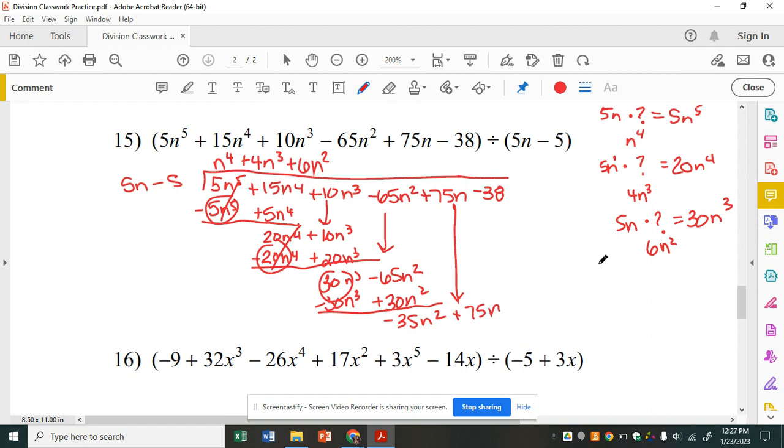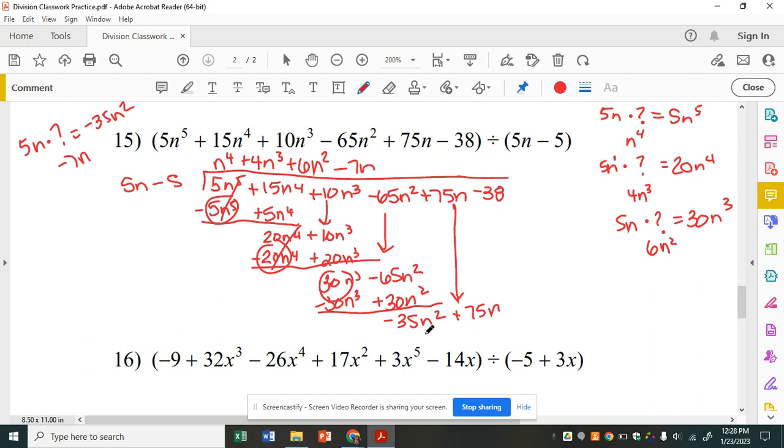Okay, I'm going to start kind of going sideways. But my next question to myself, I'll put it over here, is 5n times what equals negative 35n squared? Right, you can do negative 35 divided by 5, or you can say 5 times negative 7 is equal to negative 35. And to get from n to n squared, I'd have to multiply it by an extra n. So it's negative, I'm going to put minus 7n on top of my house here.